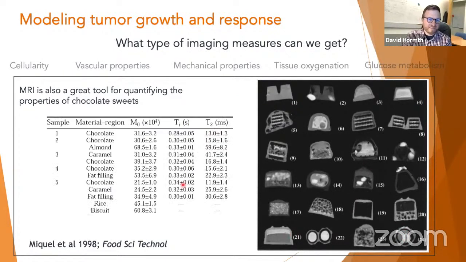And they looked at different MRI properties such as T1 and T2 of chocolate, nuts, nougat, all those kinds of things. And this was a fun activity on our Slack channel at work of trying to figure out what these different chocolate bars or candies were. I think we figured out pretty much all of them, but since this study was performed in the UK, we weren't entirely familiar with all of them.